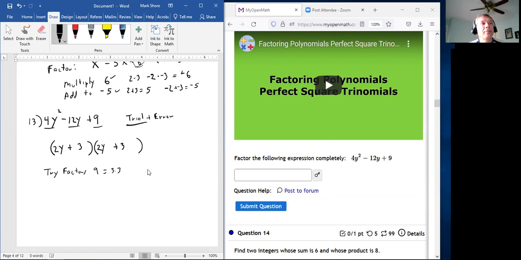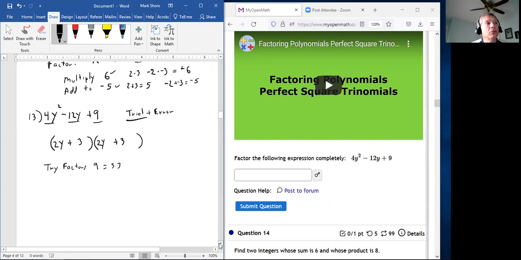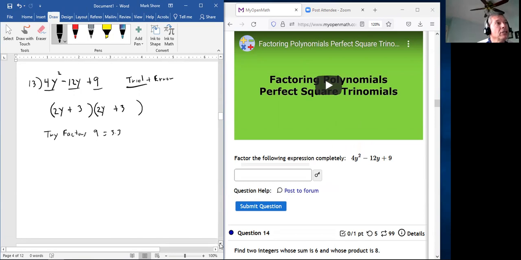So I'm going to show you now how you check this. I'm going to need to do this down below because I wrote this try factors of 9 here. This may or may not be right. You have to try it and see if it's wrong. If it's wrong, try a different number. If it's right, you're done. So this is how you check it.